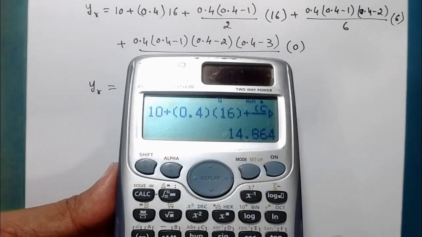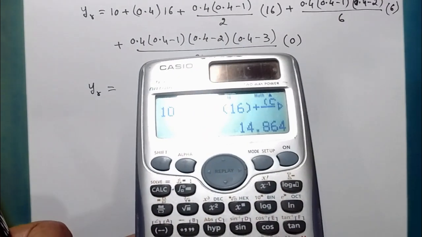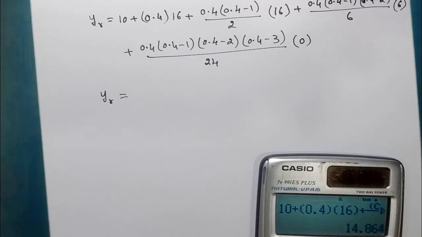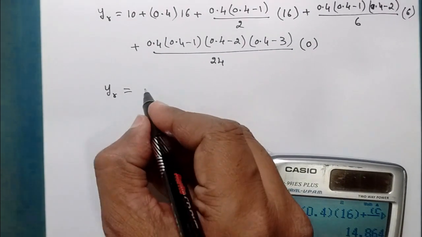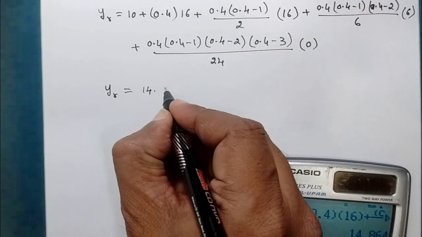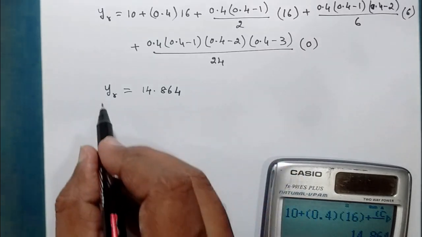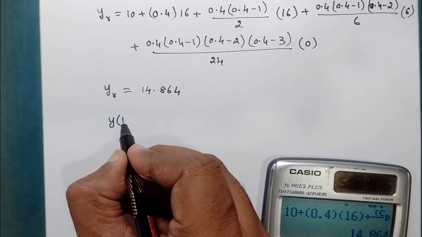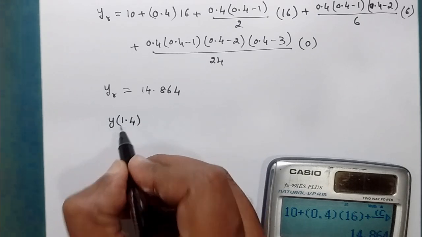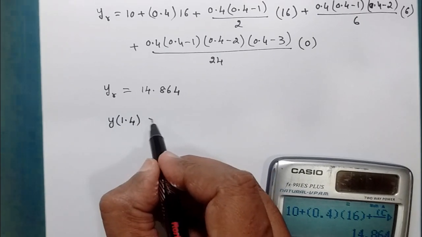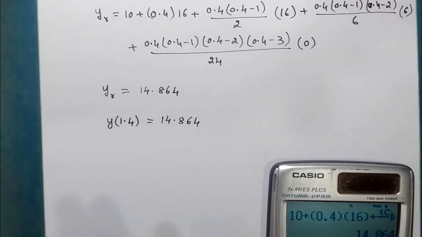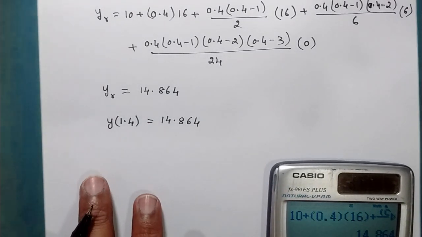Can you see what is the solution you have? 14.864. So y at what value have you calculated? Y at the point x equals 1.4. So you can write down y at 1.4 will be 14.864. So this is the required solution.